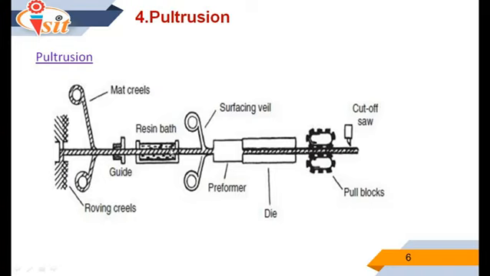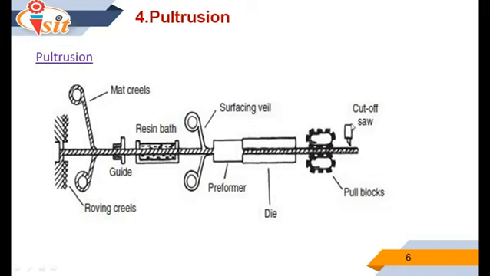this resin bath. So all the resin gets applied to your fiber thoroughly, and then the preformers and surfacing veils pull the fibers towards this portion, and through the die you have to form the shape you require.